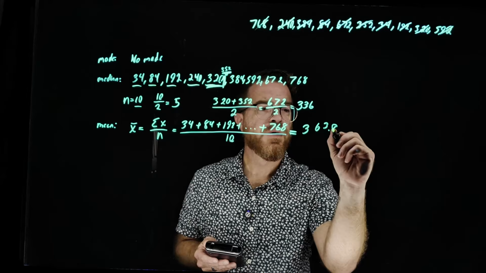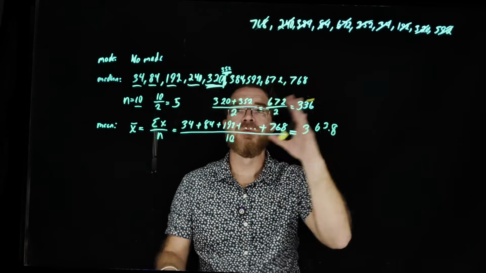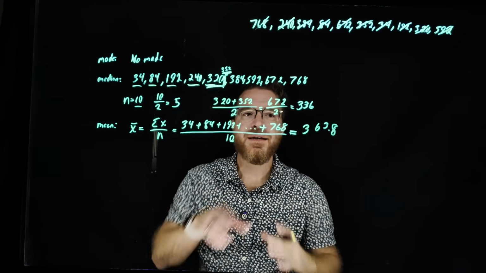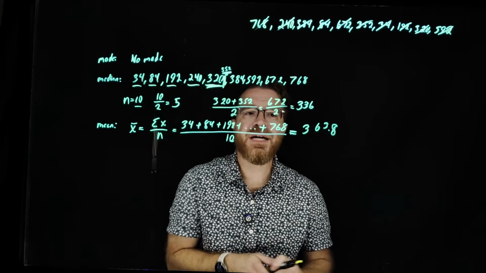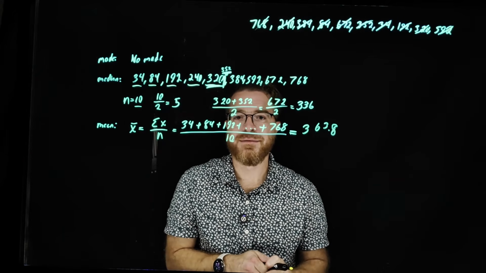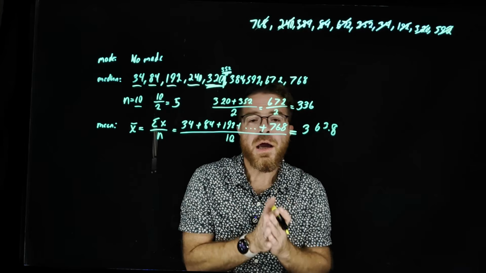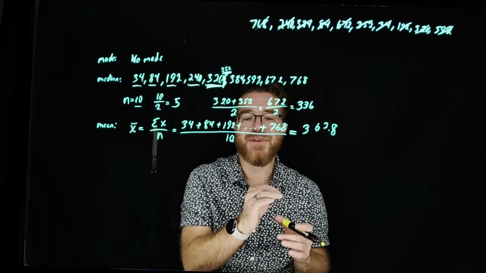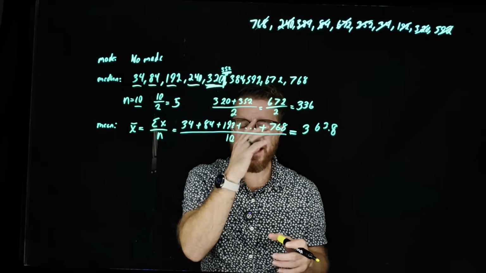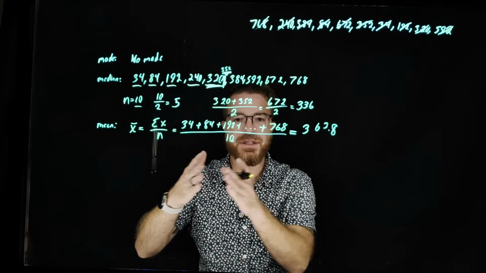So I got 363.8. Based on this data, I have no mode, a median of 336, and a mean of 363.8. As a reminder, mode is not really affected by outliers. Median is not really affected by outliers, but it is a little, because if I add any data points to one side, it will shift slightly.